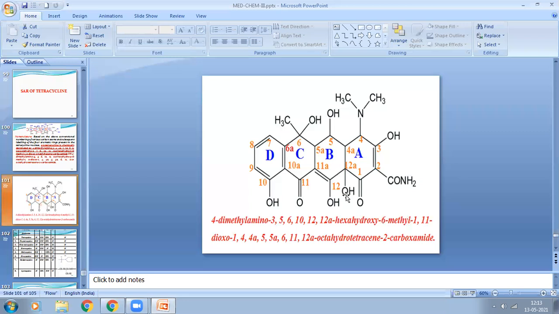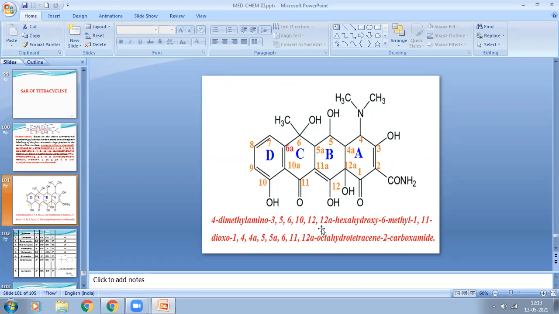So in these positions there will be hydroxyl groups. That's why it is called 3, 5, 6, 10, 12, 12a.